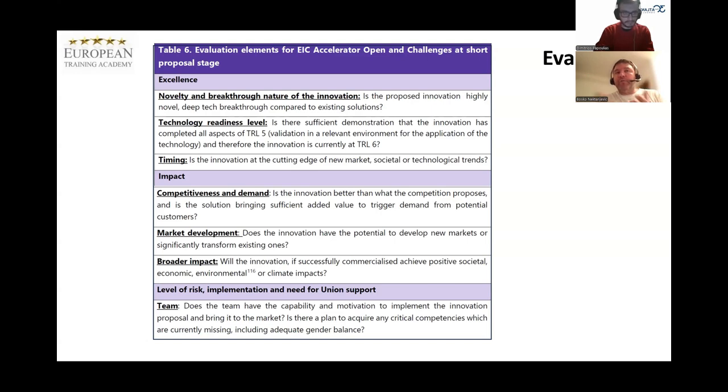So whether it's mature for this to be deployed in terms of the environment, it says here, cutting edge of new market, societal and technological trends. And then we take into consideration what else is happening on this market. Now, are hydrogen cars maybe already better developed? I'm just inventing the situation now.